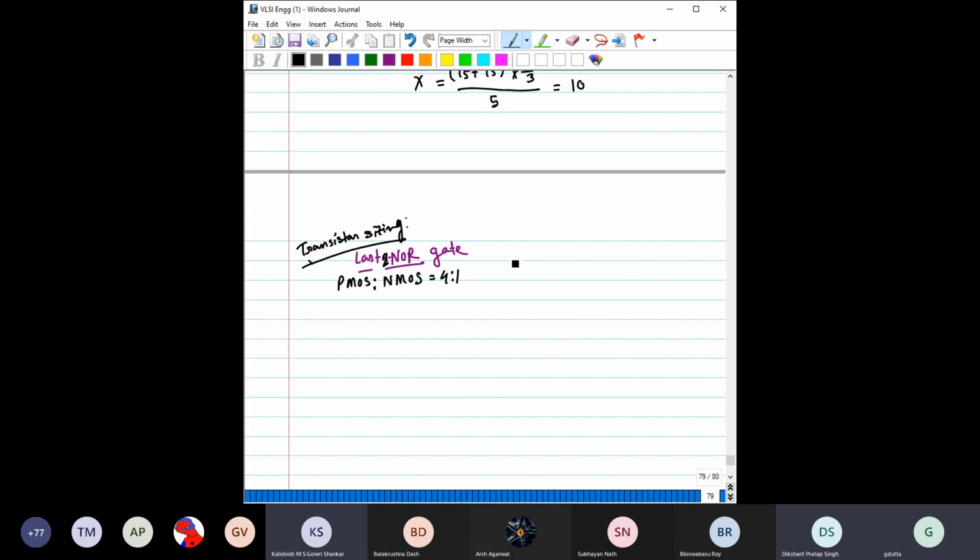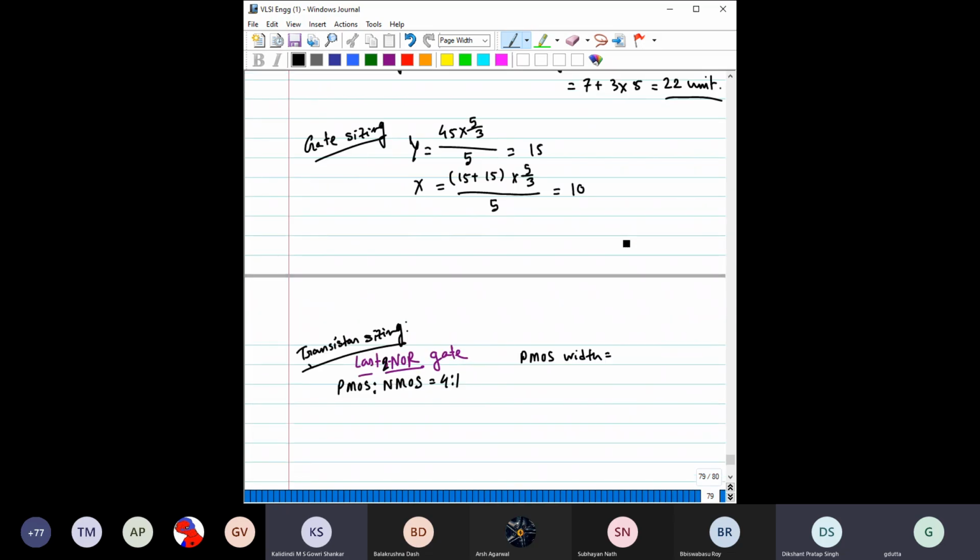4:1. Then what will be the PMOS width? What is the size? 15. PMOS width will be 15 into 4 by 5, and NMOS width would be 15 into 1 by 5. So basically it is 12, and here it is 3. Right.